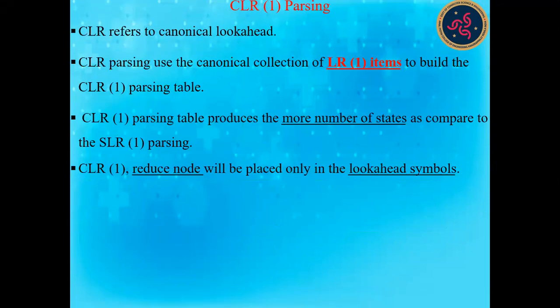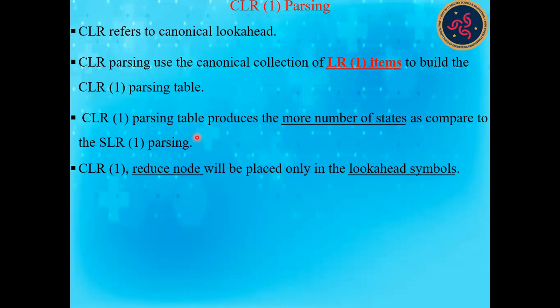So next one is CLR parsing. C represents canonical, so it is canonical look ahead parser. In this we have to find the LR1 items in order to construct our CLR1 parsing table.